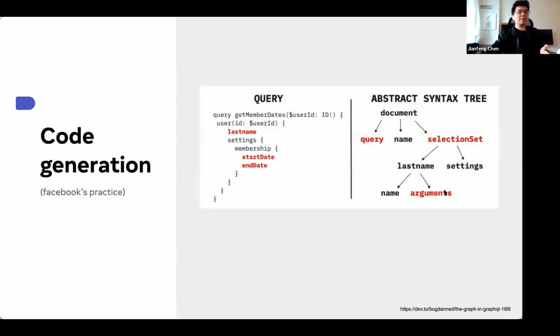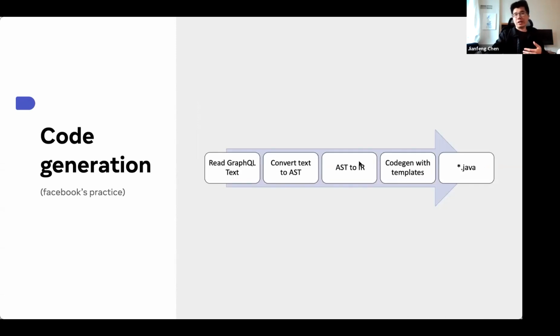So in this AST, we do not load the type for each node, but in IR, since we have some information from the schema in the server, we know the schema types for each field, for each node, etc. With this information, we are ready to codegen with some Java templates, which is pretty simple. And then we write out the Java code for people to use.